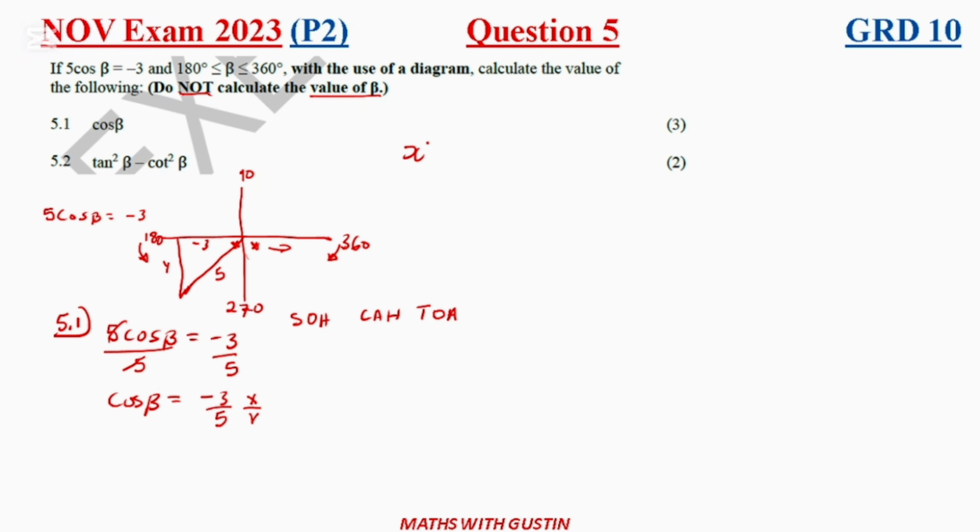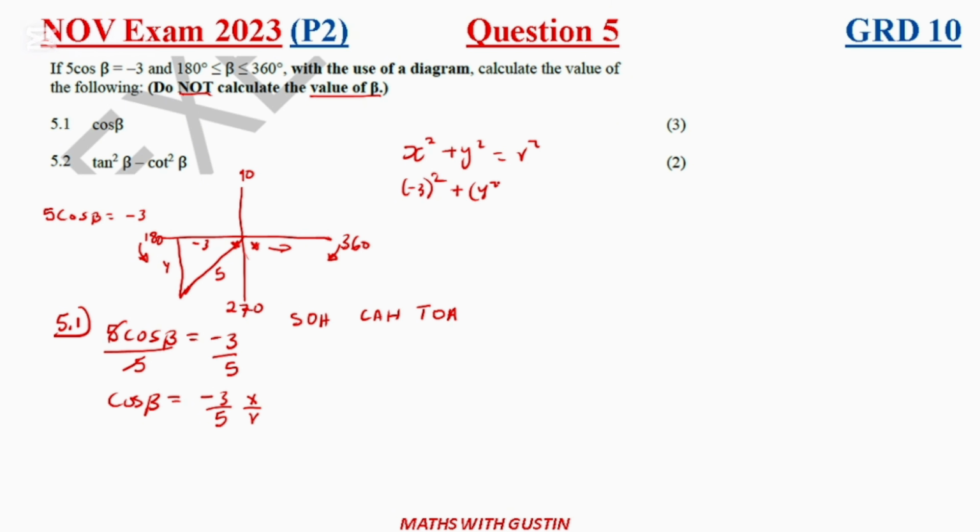Pythagoras theorem is stated as x squared plus y squared is equal to r squared. So in this case you would put the x, so it's going to be minus 3 squared plus the y value here.